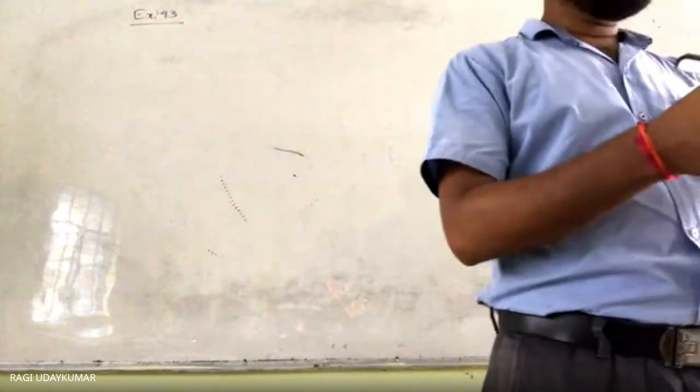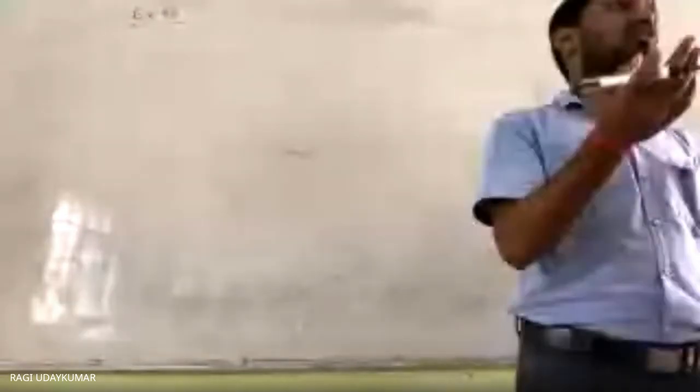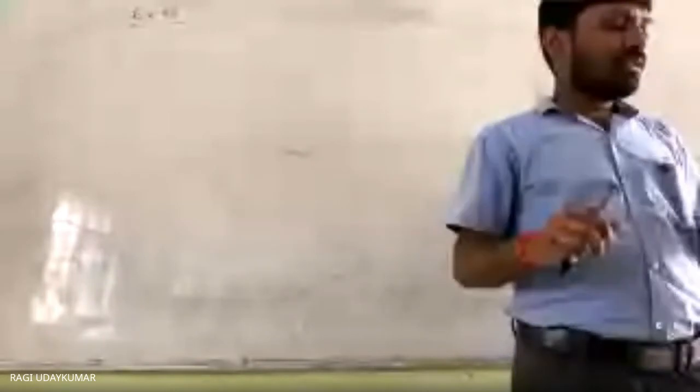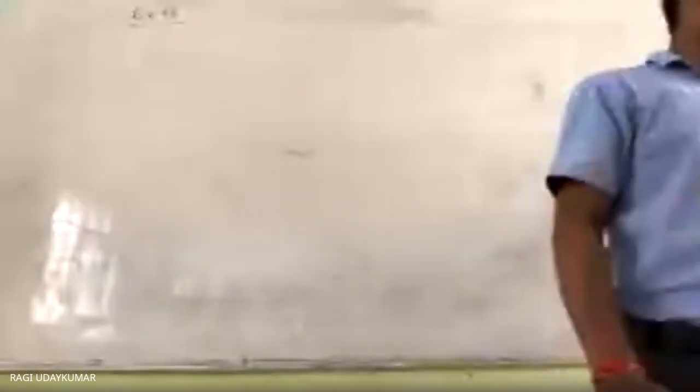Number of culture. If there were 30 bacteria present in the culture originally, so the first term a is equal to 30 at the start, and it keeps doubling, meaning we multiply by 2, so the common ratio is equal to 2 every time. How many bacteria will be present at the end of the second hour, fourth hour, nth hour?